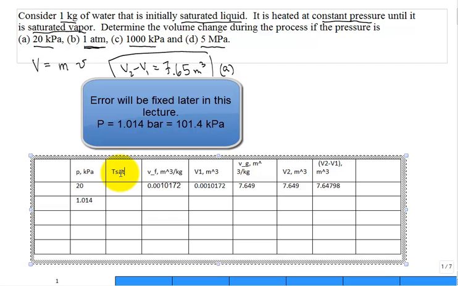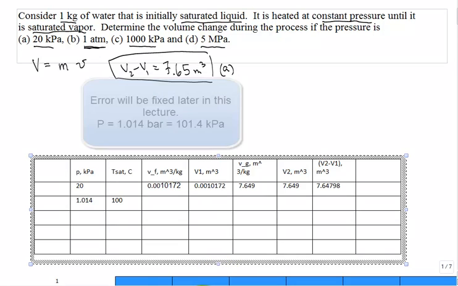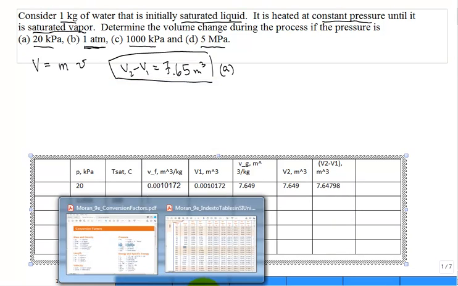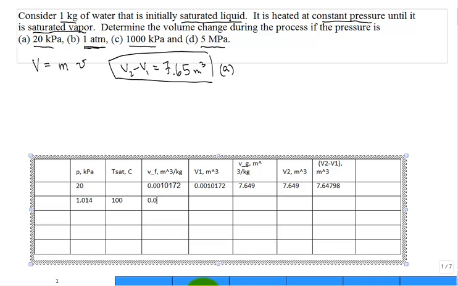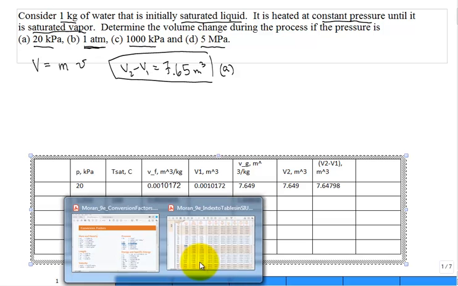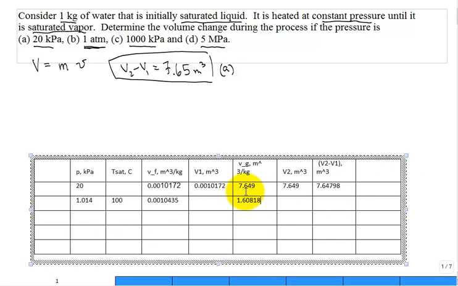It's the saturation temperature in degrees C, and for this it's boiling point 100 degrees C. We can go back to the table and pick off V sub F. V sub F is 0.0010435, a lot of digits, and then V sub G is 1.60818.